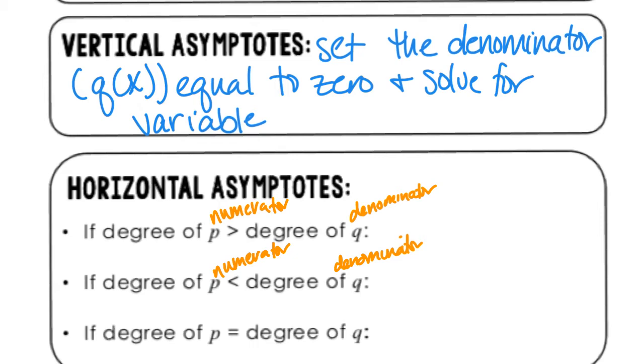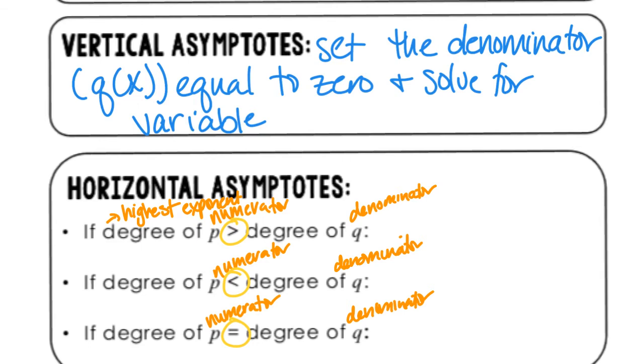And then the third scenario is when the degree of the numerator is equal to the degree of the denominator. So we have greater than, less than, equal to. And remember, the degree comes from the highest exponent in the polynomial.